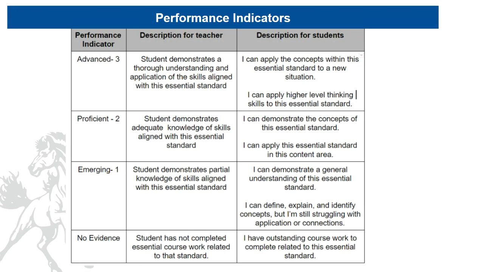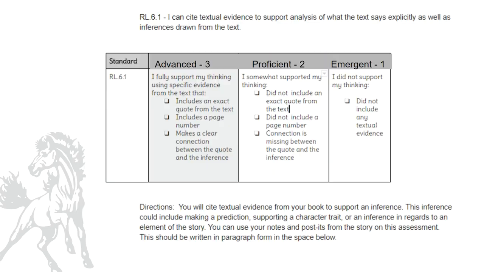As previously stated, here are the performance indicators with an explanation for what they mean. Class grading may be done using a rubric. Here's an example of how one may see a student being assessed on a piece of writing.